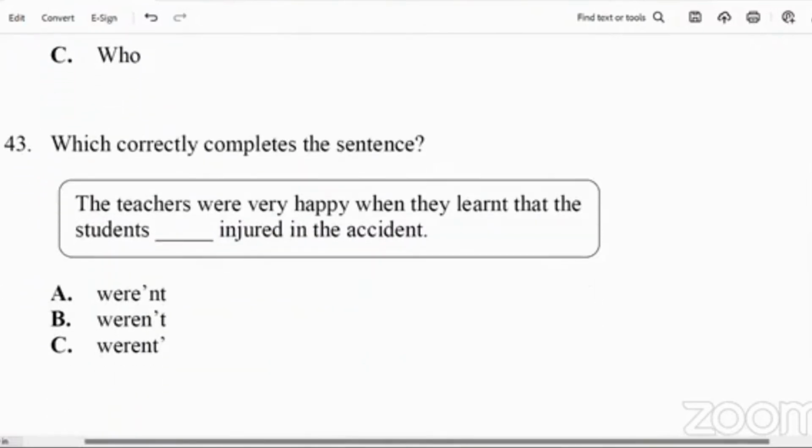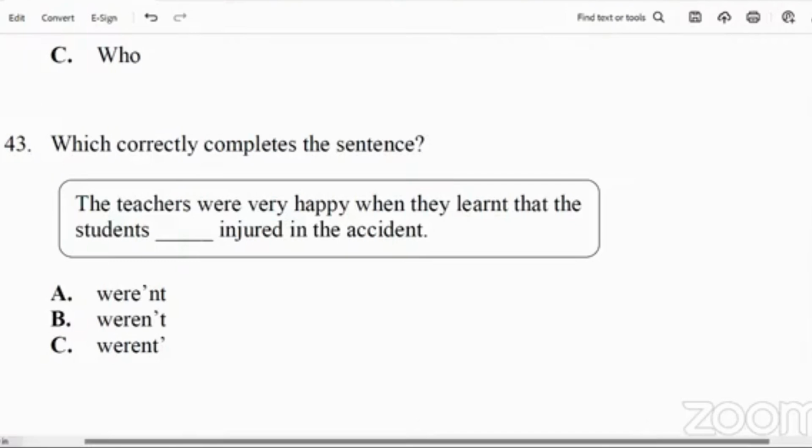Question 43. Which correctly completes the sentence? The teachers were very happy when they learned that the students blank injured in the accident. So how do you correctly write the word weren't? Okay, so weren't is a contraction for the words were not.